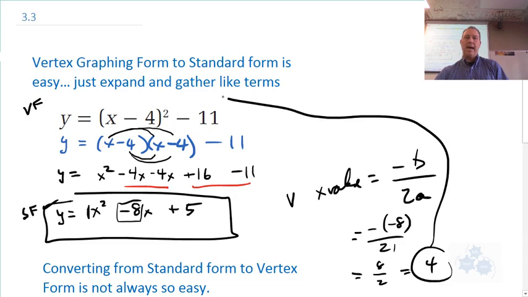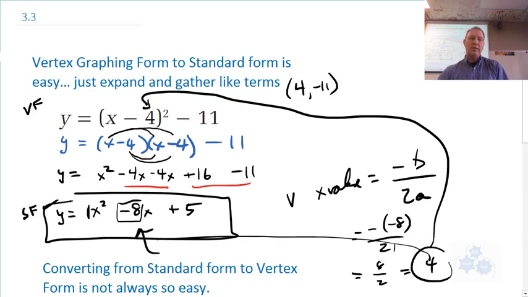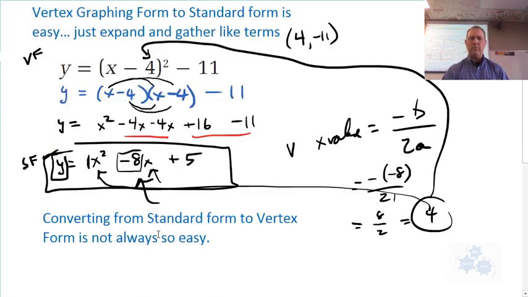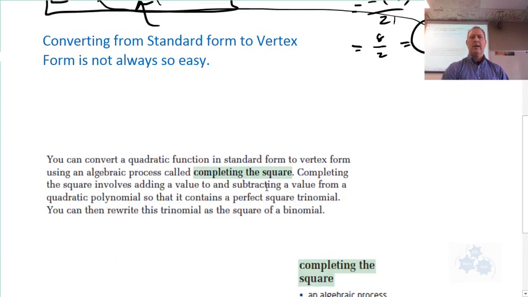Back in vertex form, the vertex had an x value of positive 4. So from standard form, you can get the x value pretty quick, but then you have to plug this 4 into x in both spots to get the y. We can do it, but you are going to need to know how to convert this form of an equation back to vertex form. So standard to vertex. It's not always so easy, but let's see how we do that.